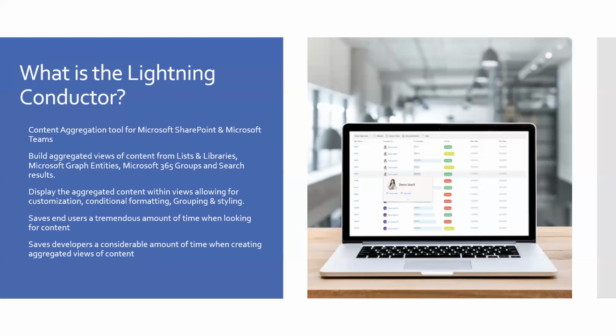They also contain things like Planner plans that are associated with them, as well as traditional document libraries and calendars and events and so on. So using the Lightning Conductor, we can build a view of that content and easily select it based on Microsoft 365 groups, and not just browse different site collections in order to get to the content.